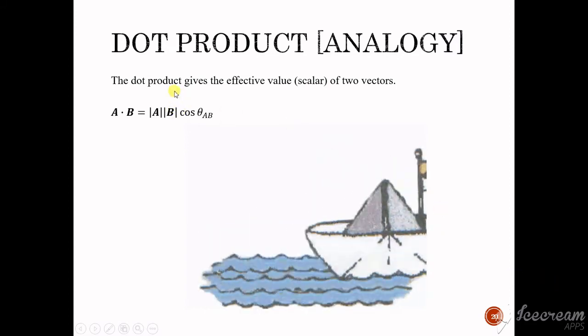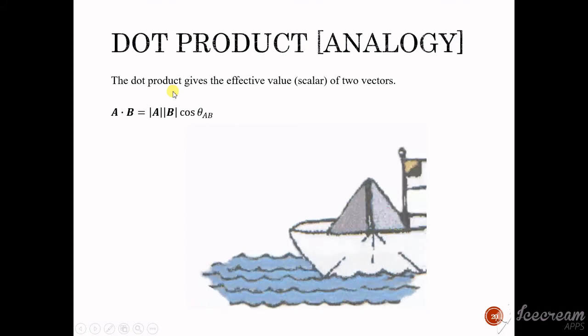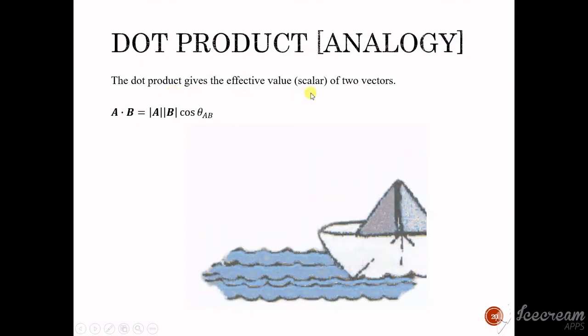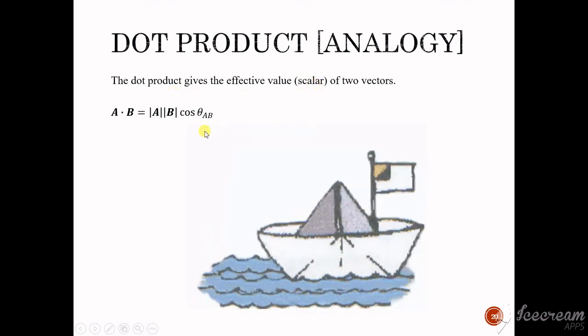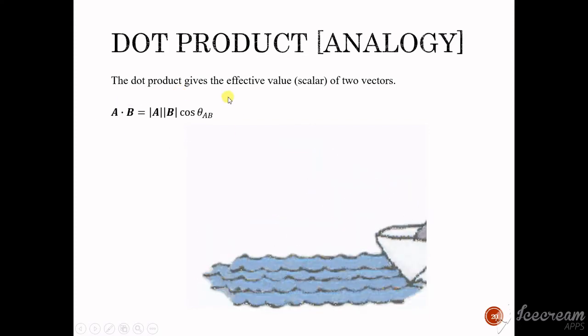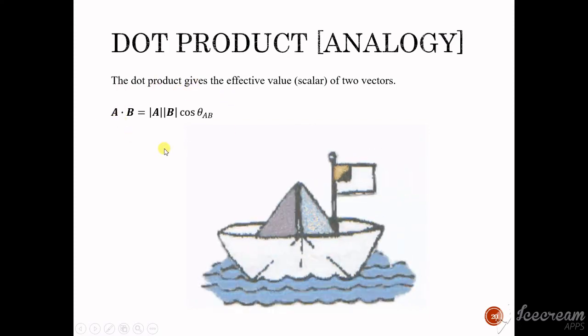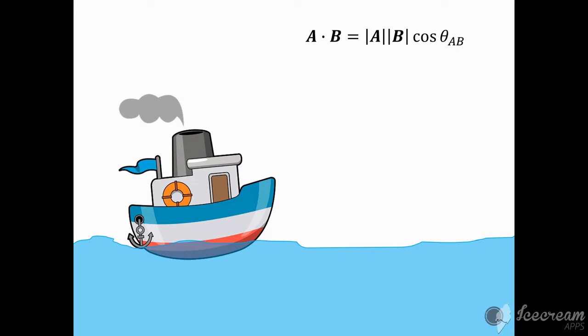Still with the definition, the dot product gives the effective value, which is a scalar, of two different vectors. Again, we are going to use this equation. Here I have the boat and the river. Let's say that the river is flowing in this direction.